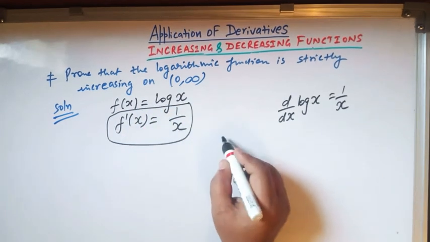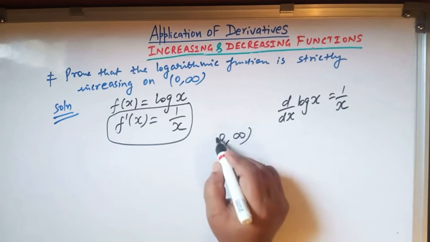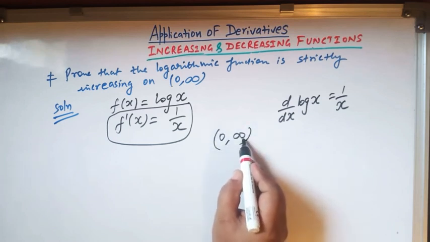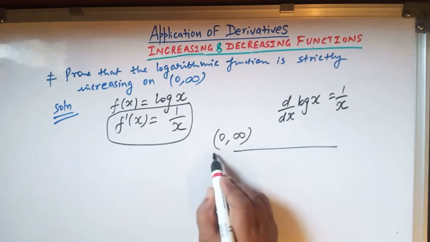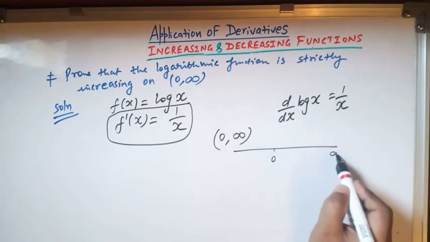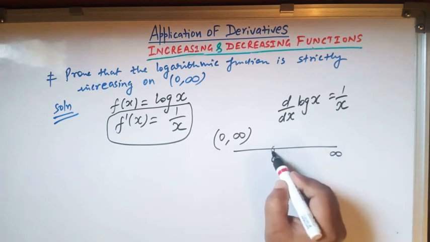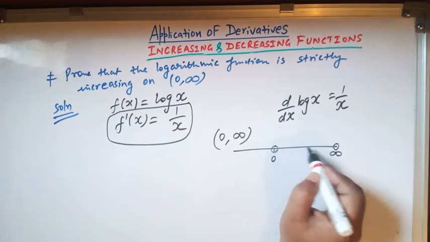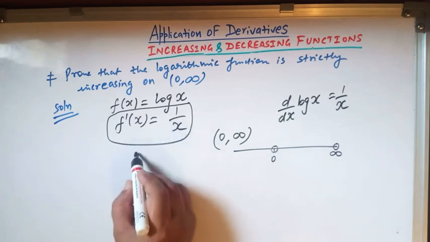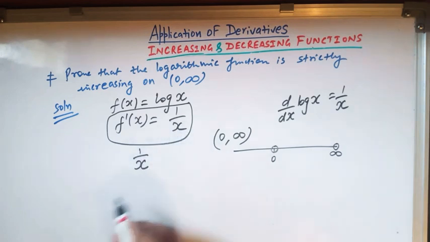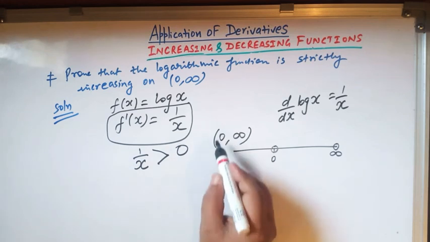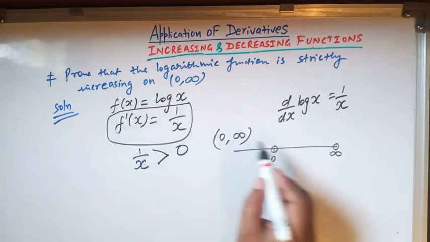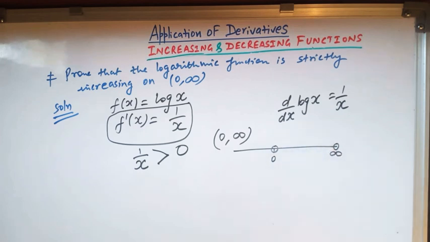Now viewers, we see that if we take this interval 0 to infinity, that is, we have here 0 and here we have infinity, then 1 over x is always greater than 0, because we have all positive real numbers.